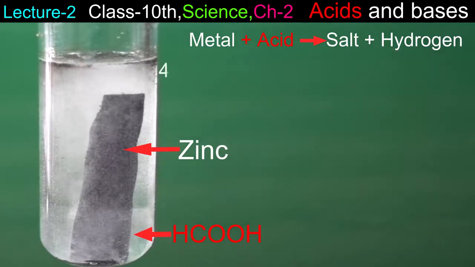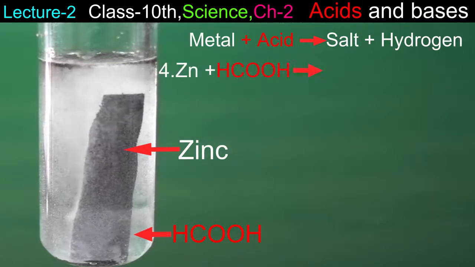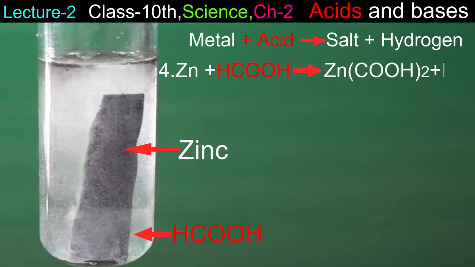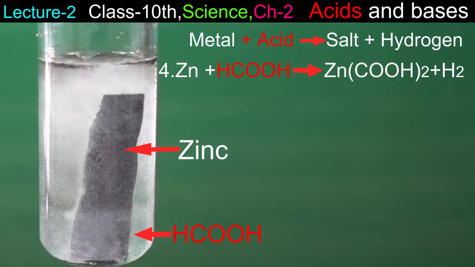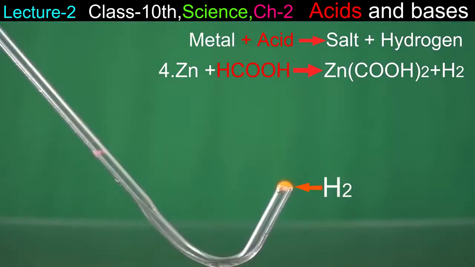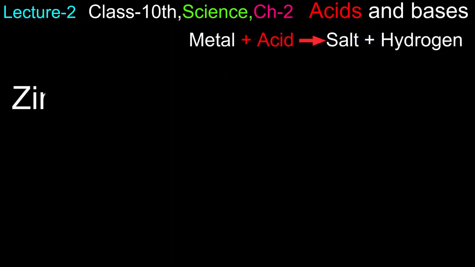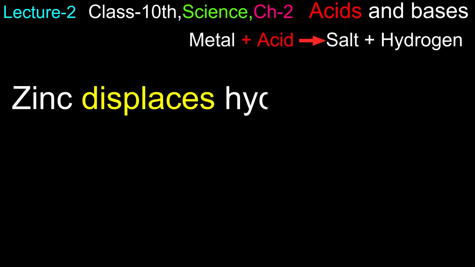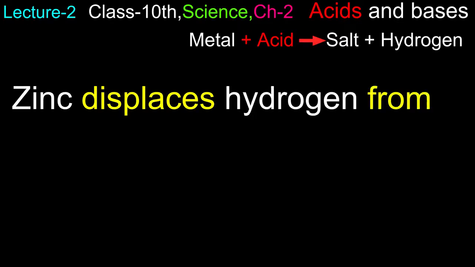You see here that zinc reacts with formic acid but not as vigorously at room temperature. And this is also hydrogen gas which is being evolved. It means zinc displaces hydrogen from most of the acids.